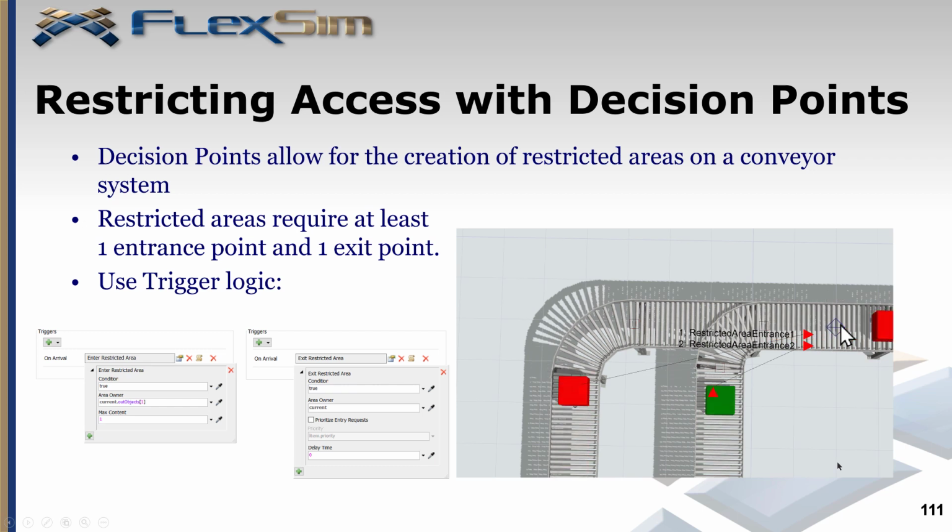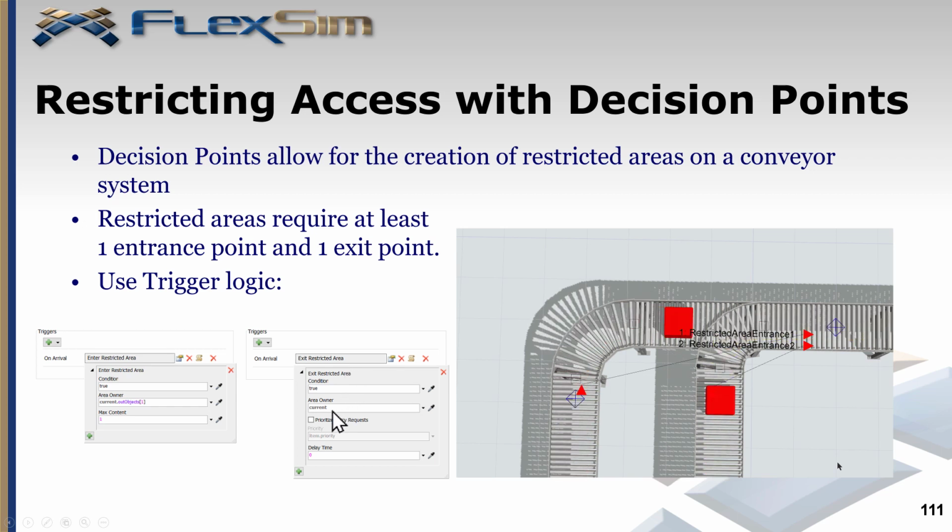On this final decision point, we'll use the pick list option called release restricted area on its on-arrival trigger. So that's what this screenshot is showing. It's the on-arrival trigger of the decision point that is at the end of the restricted area, and we chose the option exit restricted area.